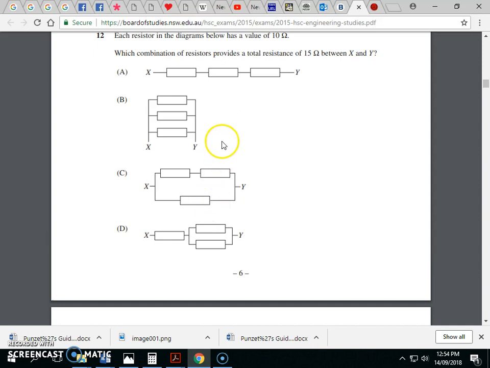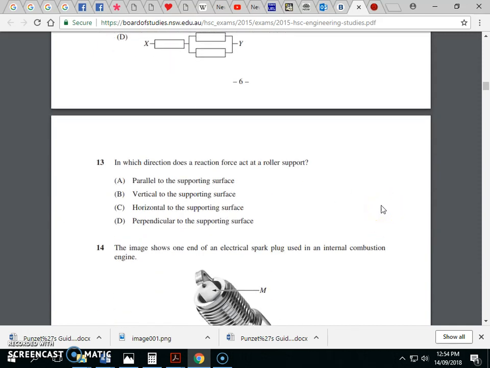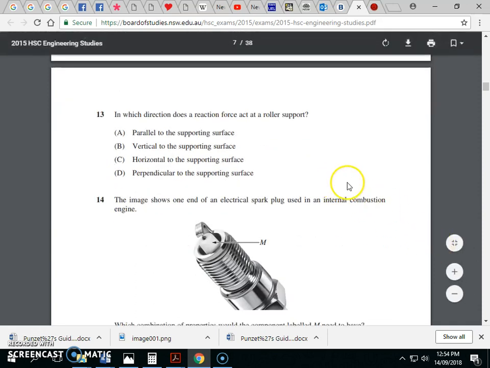So we're going to have 1 on 20 plus 1 on 10, which is 3 over 20, which flipped is 6.66. Because the top part was in series, you consider that as one big resistor and then consider it parallel. Okay.